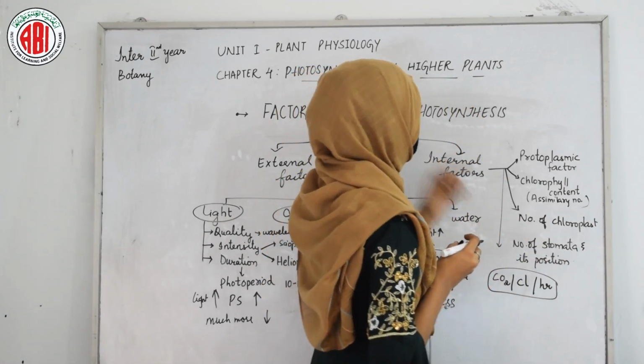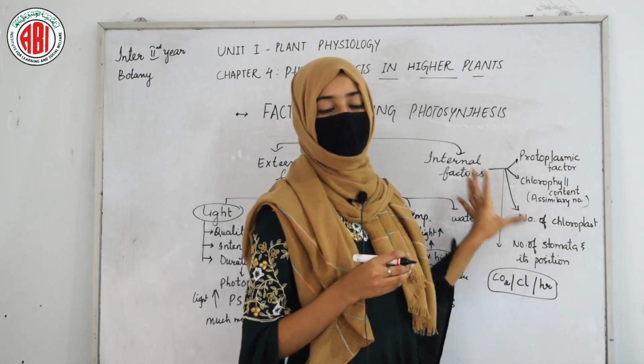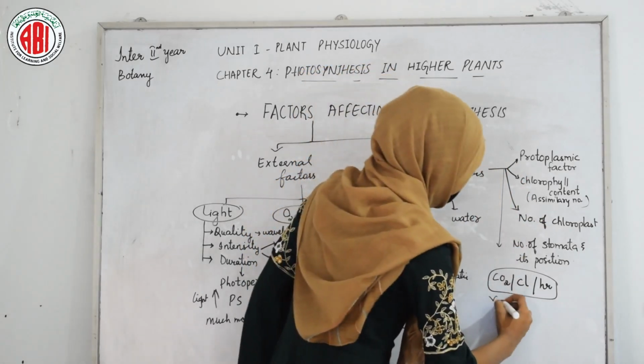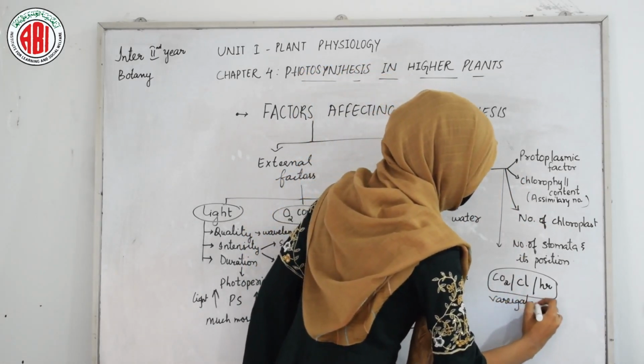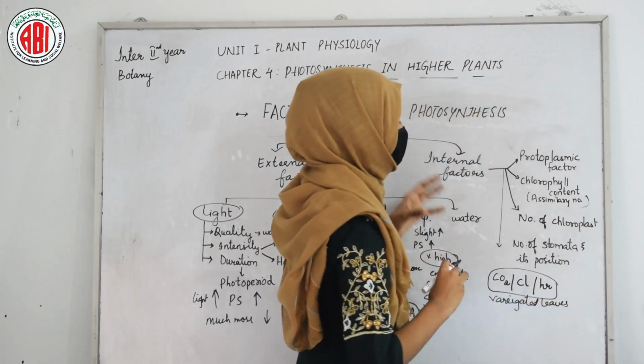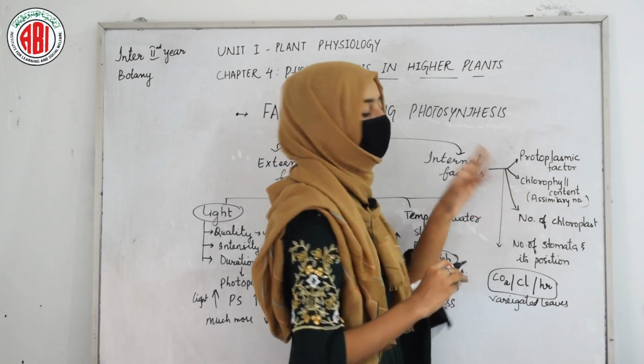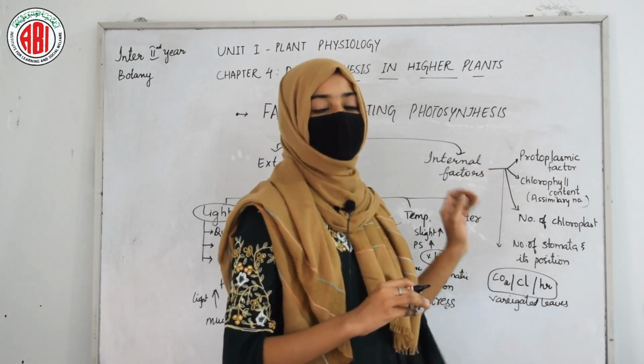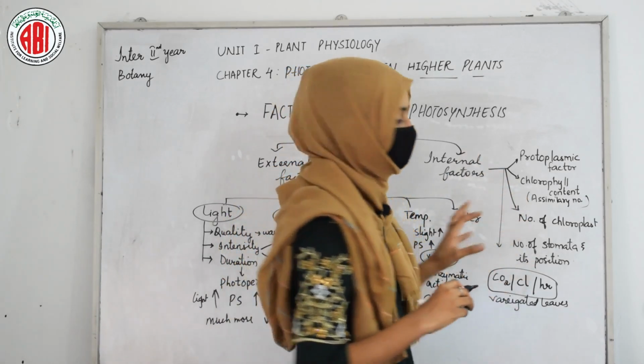So this is a factor that has an effect on variegated leaves, which are not green in color. Based on the chlorophyll pigment present in these leaves, the rate of photosynthesis would get decided.